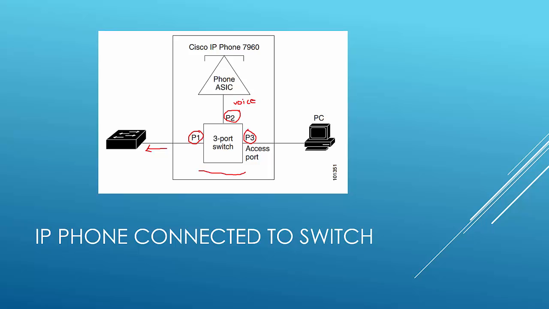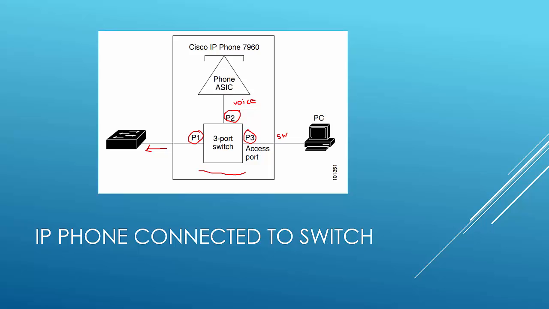After that, there is port 3, which is an access port. This is the port that will be connected from the back of the IP phone to computers or laptops or whatever. That's the access port on the IP phone.